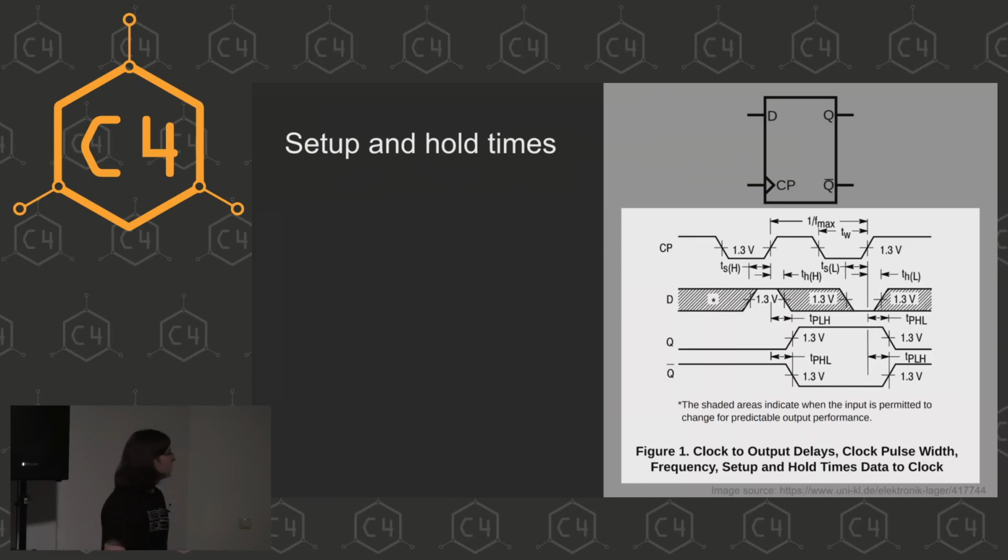So we can see here that at the time of the rising edge, D is on a high level. And so it takes some time to propagate through this chip, and the Q output at some point in time goes high. Same deal here, just the inverse. We have a rising edge again, the D pin is low, and after a while, the signal again propagates through the flip-flop, and the level here goes low.